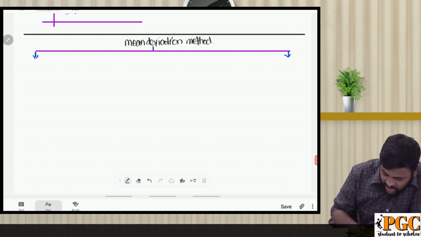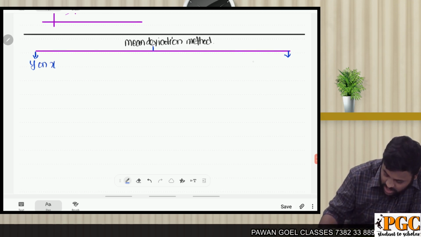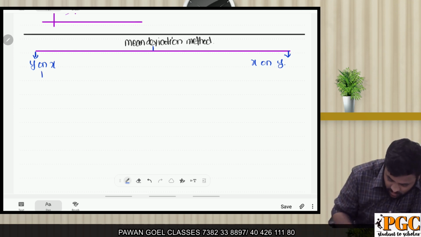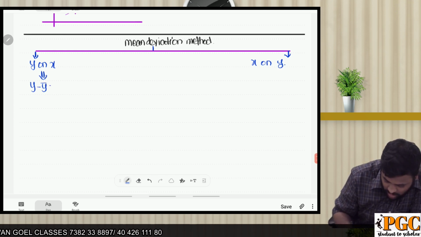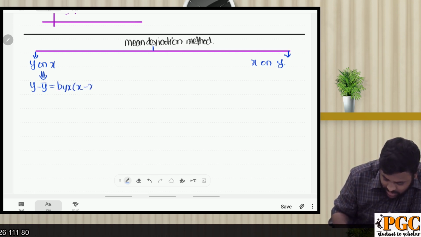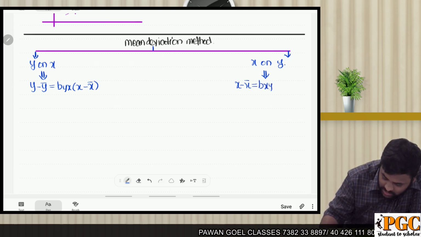Now what are those 2 regression lines? The first regression line is y on x and the second regression line is x on y. Y on x will be y minus y bar is equal to byx into x minus x bar. X on y will be x minus x bar is equal to bxy into y minus y bar.